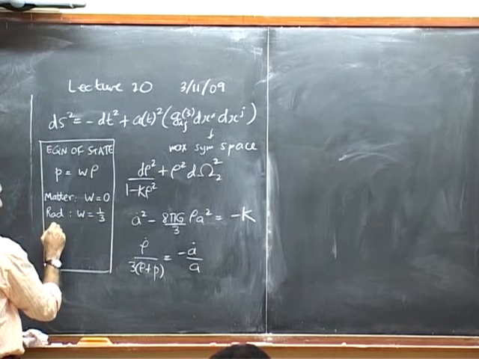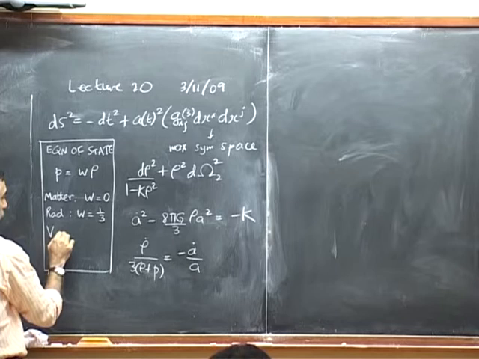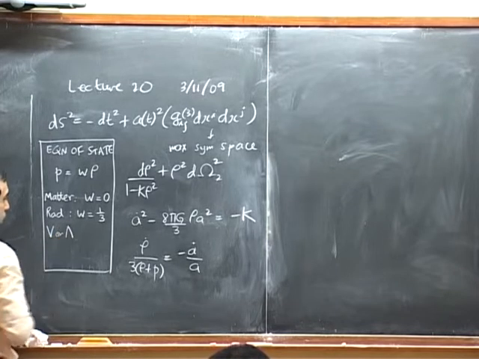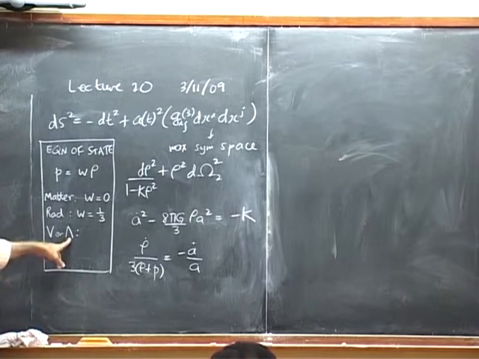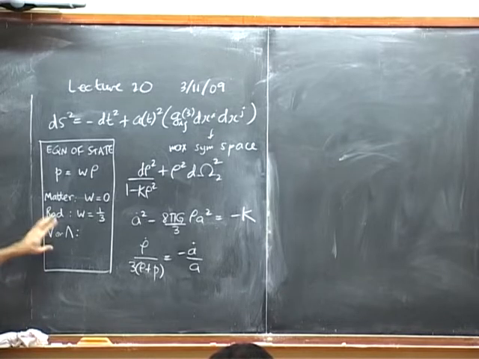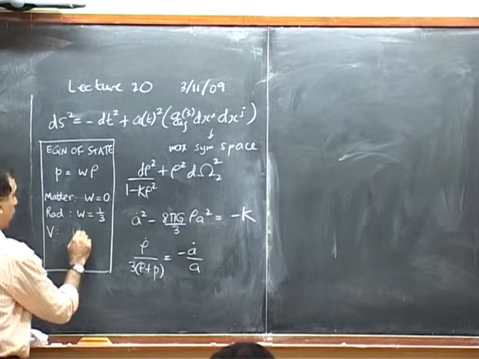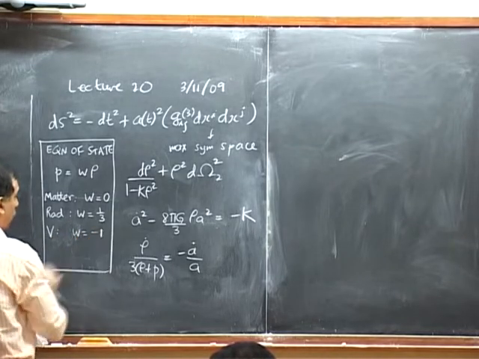And now the third thing is either called vacuum or this. Symbols look the same as each other. Lambda is for cosmological constant, V is for vacuum contribution. It's the same thing. We'll be using V most of the time. This has effectively W equals minus 1.